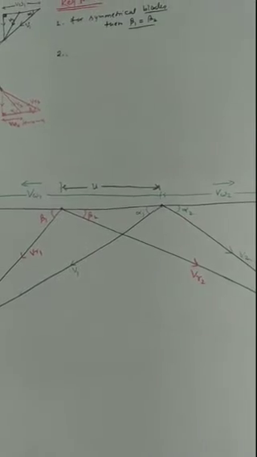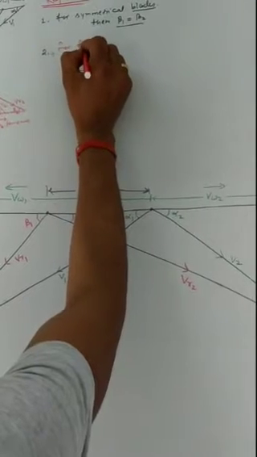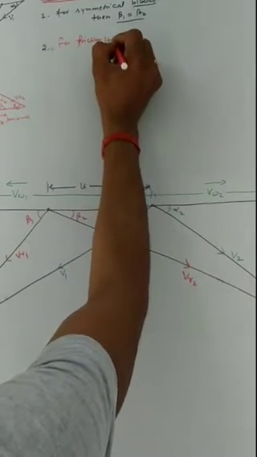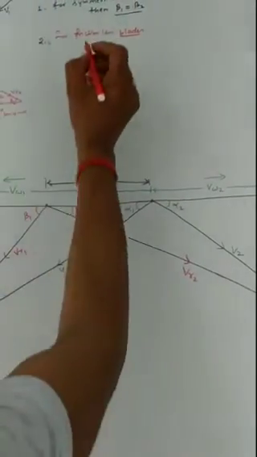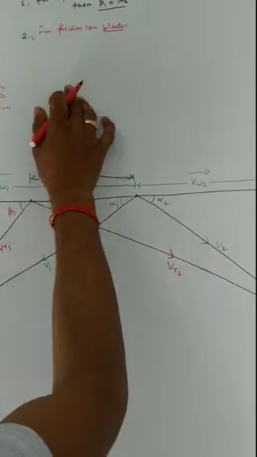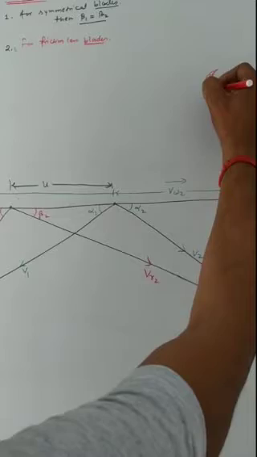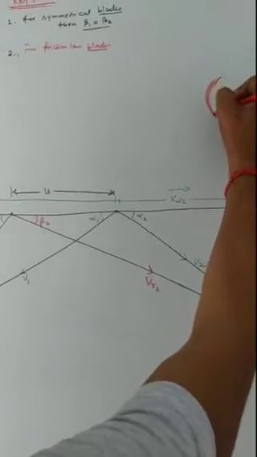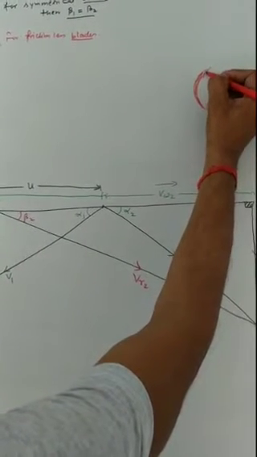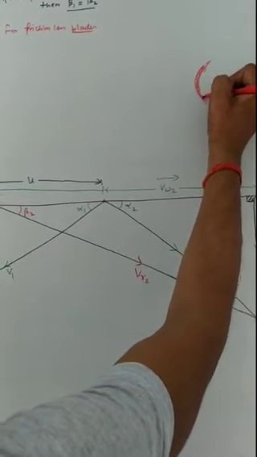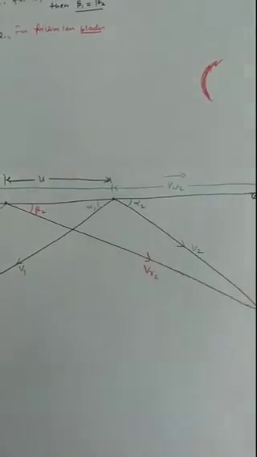Second point is that for frictionless blades, blades means moving blades. If the blades are frictionless, it means there is no frictional force between the surface of the blade and the steam fluid.